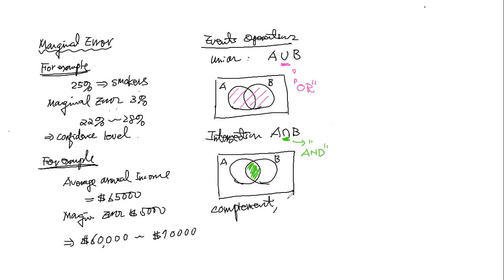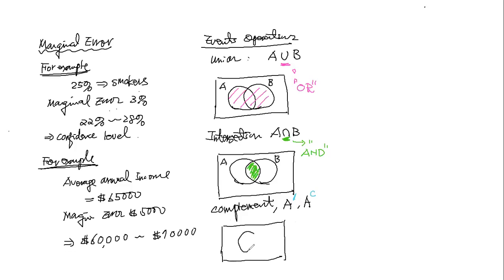You can use the notation A prime, depending on the book, or you can write A C. Different textbooks have different ways to write it, but the definition is the same.